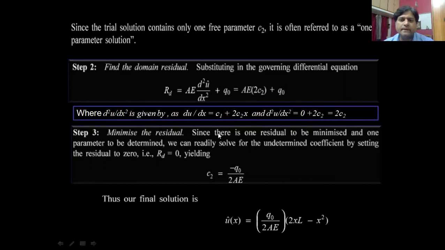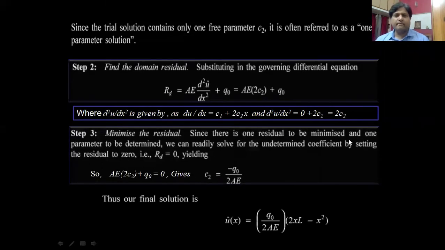In step 3, we try to minimize the residual. Since there is only one residual to be minimized and one parameter to be determined, we readily solve for the undetermined coefficient by setting the residual equal to 0. This gives the value of the coefficient c2 equal to minus Q0 upon 2AE.